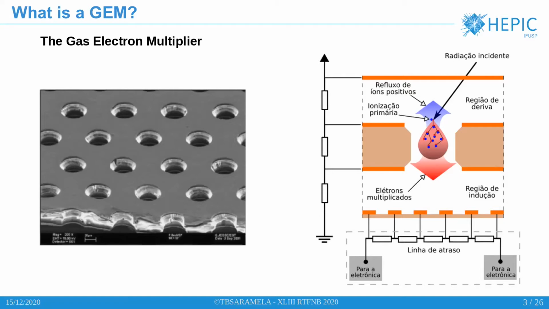This will produce a huge electric field inside of the hole and start the avalanche process that multiplies these initial electrons. After that, the electrons produced are collected in the readout plate at the bottom, and the amplified signals are read. So next slide.